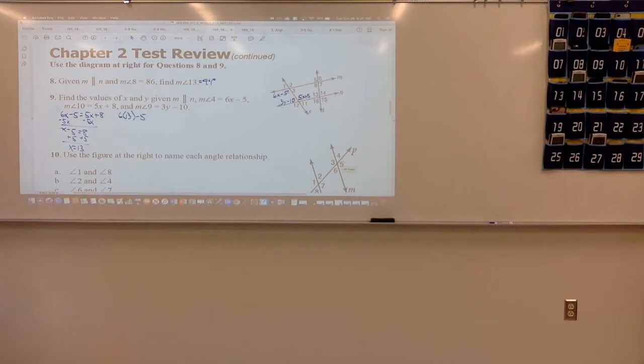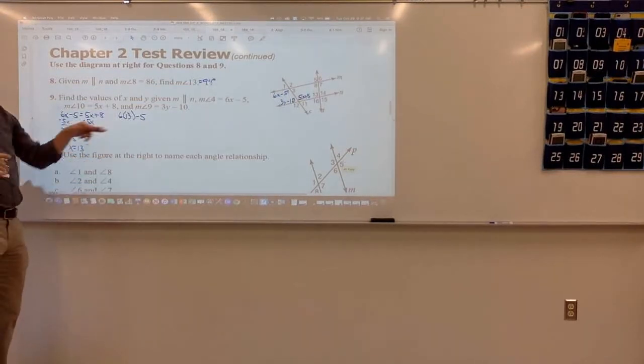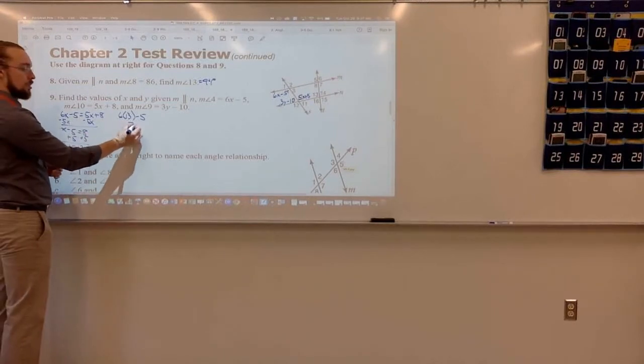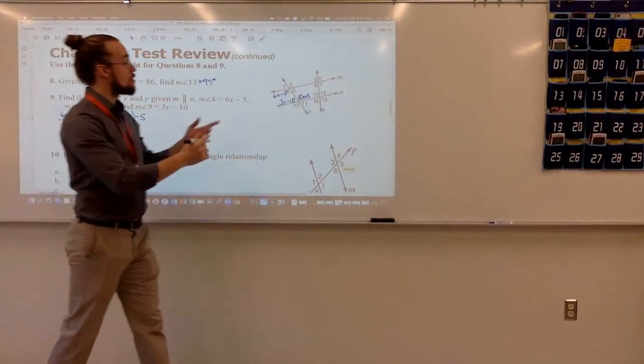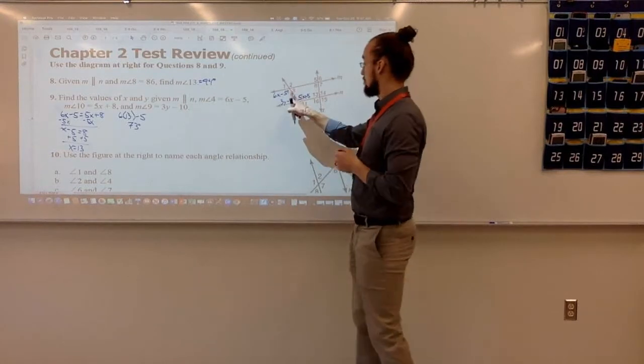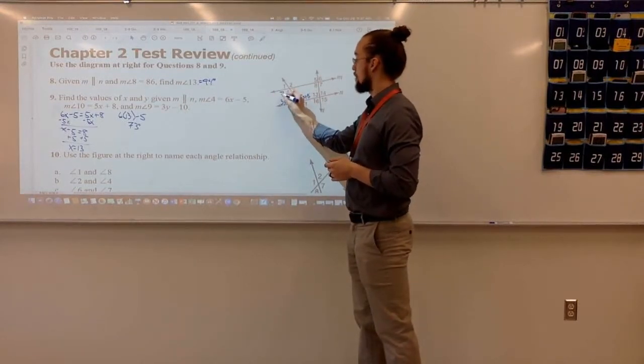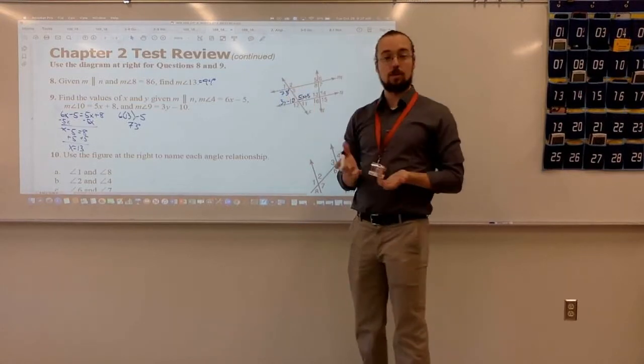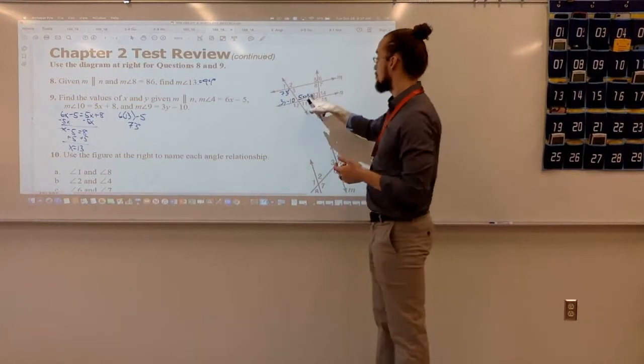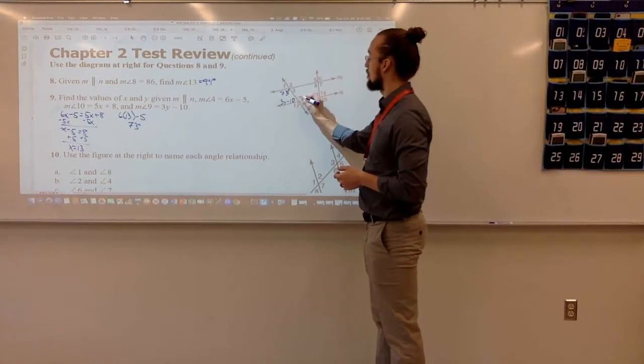What is that? 78 minus 5 is 73. So 73 degrees. So what that means, I can essentially erase this 6x minus 5 and say this is 73 degrees. And then that's 73 degrees too. So then this one would also be 73.